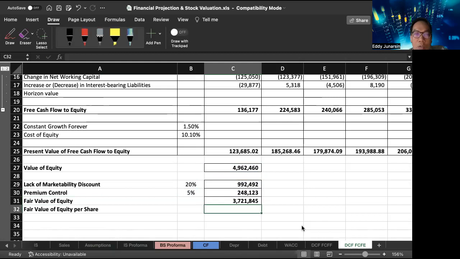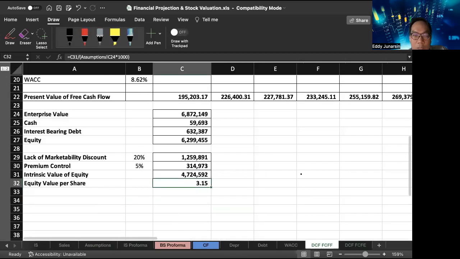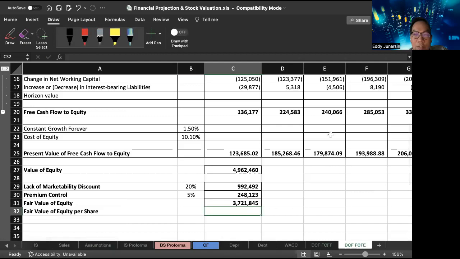And yeah, so the fair value of equity is estimated to be 3.7 billion. According to the free cash flow to the firm method, it was 4.7 billion. So there's a gap there. There's a difference.